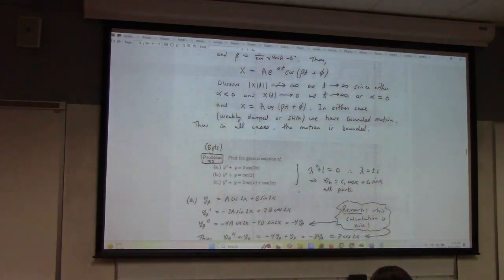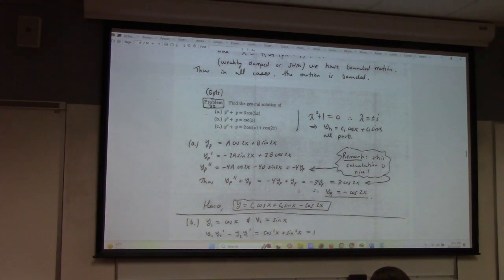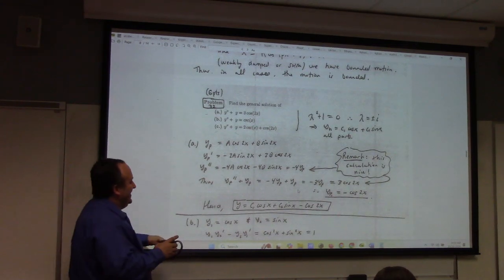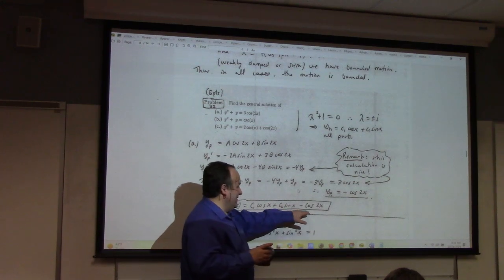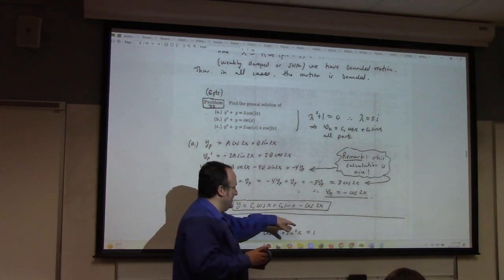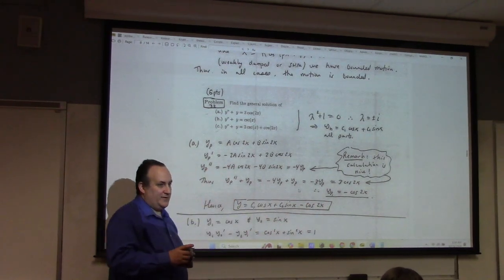yeah. Let's see here. Find the general solution. So here, if I ask you to find the general solution, I'm asking you to actually work out the constants. It would not be acceptable to stop and say the solution has the form c1 cosine x plus c2 sine x plus c3 cosine 2x plus c4 sine 2x. I mean, that's lovely, but that's like a third of the credit or something.